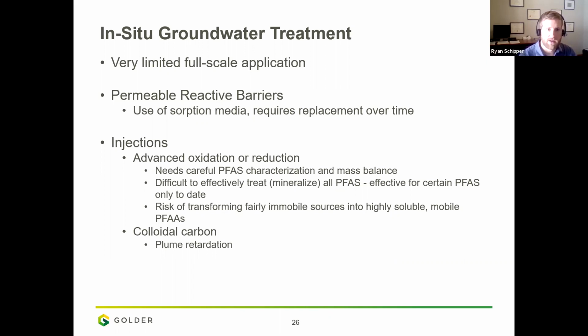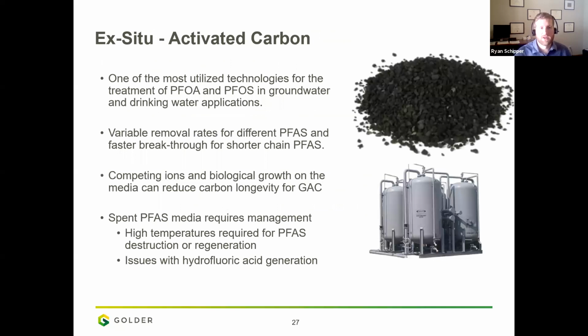So with that, I'll talk a little bit about some of the ex-situ treatment. Sorption using activated carbon is one of the most utilized technologies for the treatment of PFOA and PFOS, specifically in groundwater and drinking water applications.